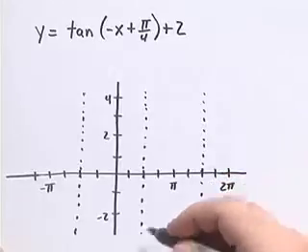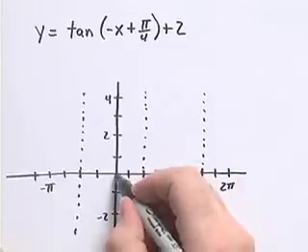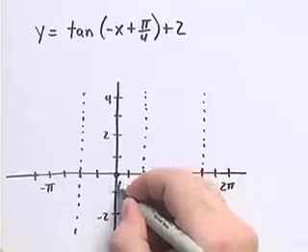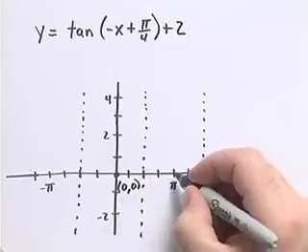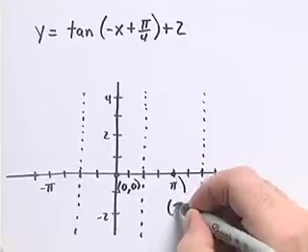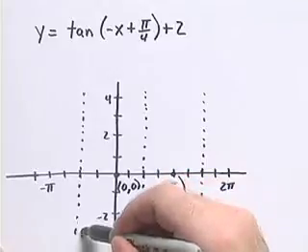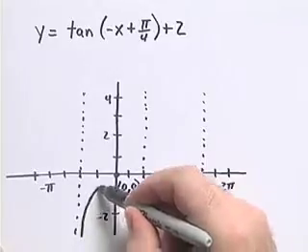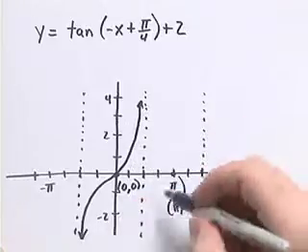We're just going to graph a couple of periods here. The tangent of x goes through the origin, so we have the point 0, 0. It's also going to go through the point pi, 0. So we'll have the point pi, 0. And we can sketch the graph. The tangent is going to look something like this.